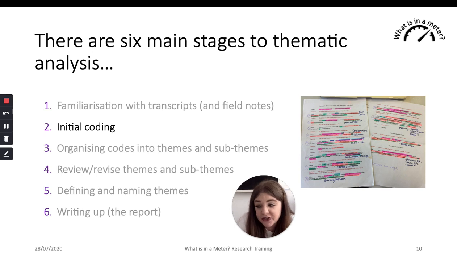But some researchers might use qualitative analysis software such as NVivo for this stage, as they find it helps with the coding and the managing and the storing of the analysis. And granted, using such software can make it easier to share with others if you're collaborating on a project.